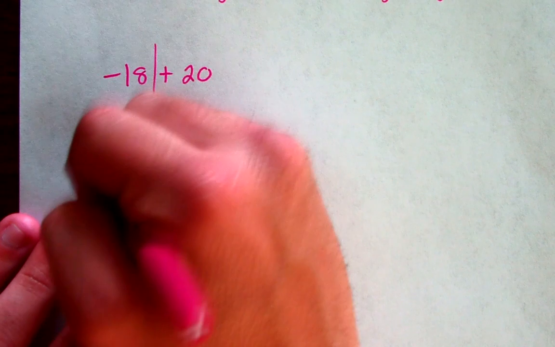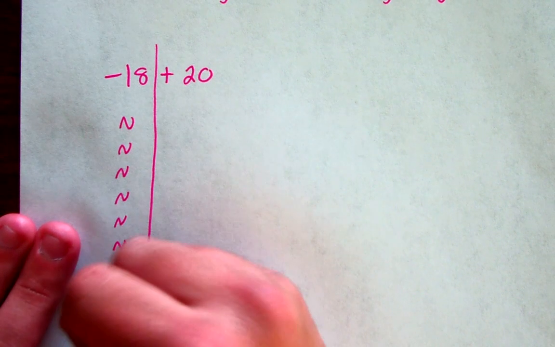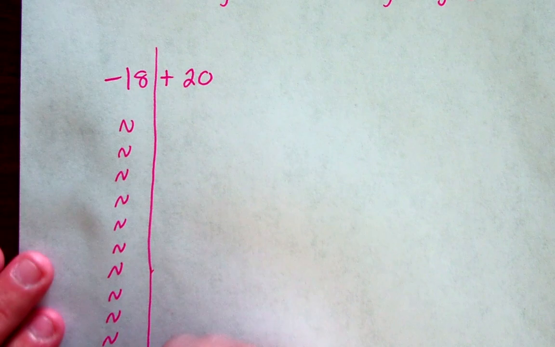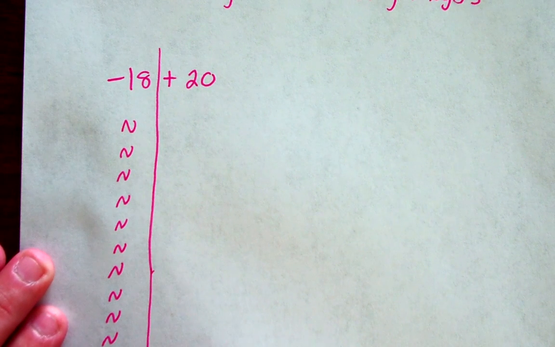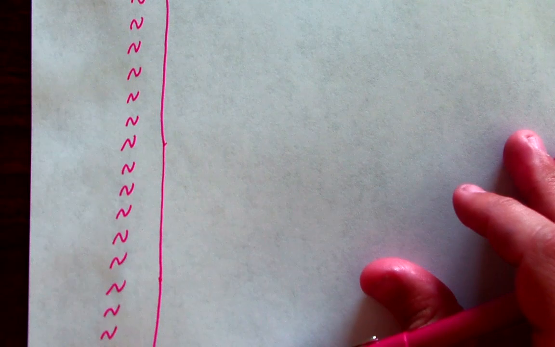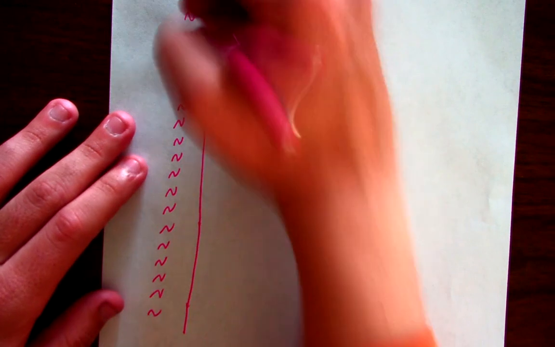So let's do here. 1, 2, 3, 4, 5. So there's my negative 18. There's my 18 people with negative attitudes. But then I have 20 people with positive attitudes.